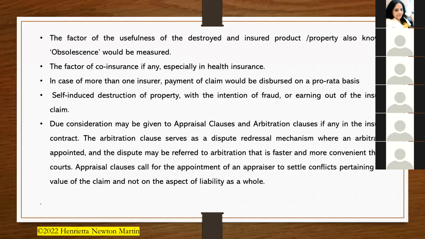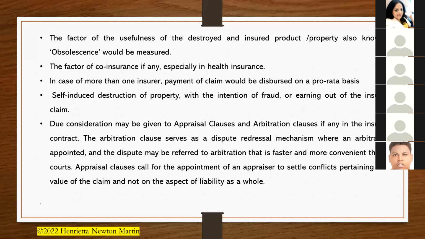The usefulness of the destroyed insured property, also known as obsolescence, would be measured, that is, how useful is a particular product or property that has been destroyed. The factor of co-insurance, if necessary, especially in health insurance, would be considered. In case of more than one insurer, payment of claim would be disbursed on a pro rata basis, that means it would be distributed equally if there is more than one insurer.